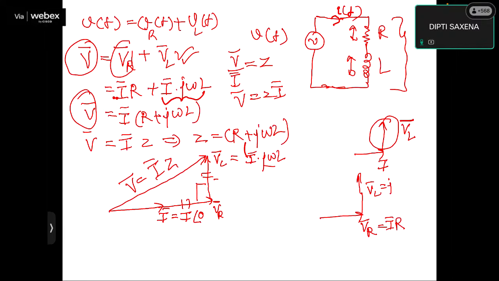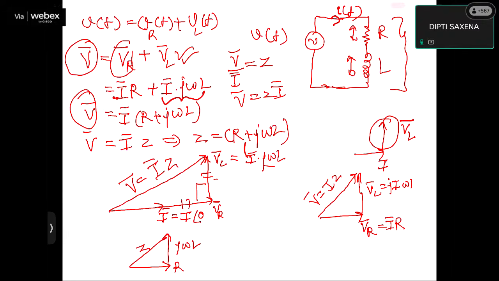It is in the direction of j into I omega L. And if I add both these phasors, I will get the source voltage V equal to I into Z. If I divide by I on both sides, I will get a new triangle. This triangle is formed by three terms: R, j omega L, and Z.